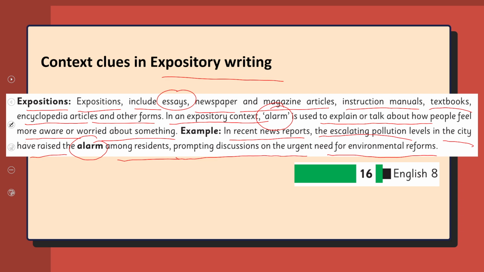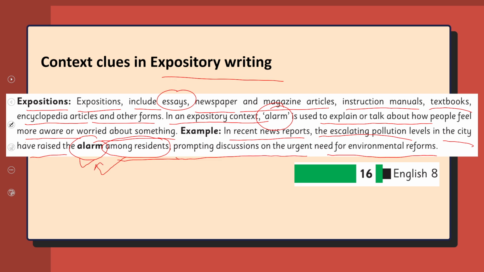Now here, my dear learners, the word alarm is used, but in an expository style. If you read this, in recent news reports, the escalating pollution levels in the city have raised the alarm among residents. Among residents tells us that it is something happening with people.